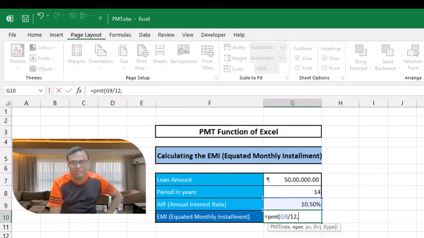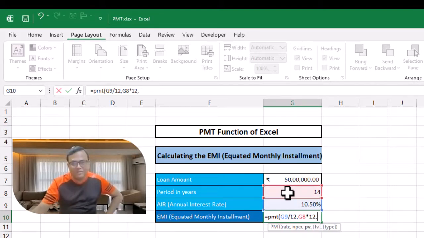Comma. Now it is asking me the second parameter, the total number of periods. The total number of periods is not just 14, because he is going to pay for 14 years, which is actually 14 multiplied by 12 months. These are the total number of periods.